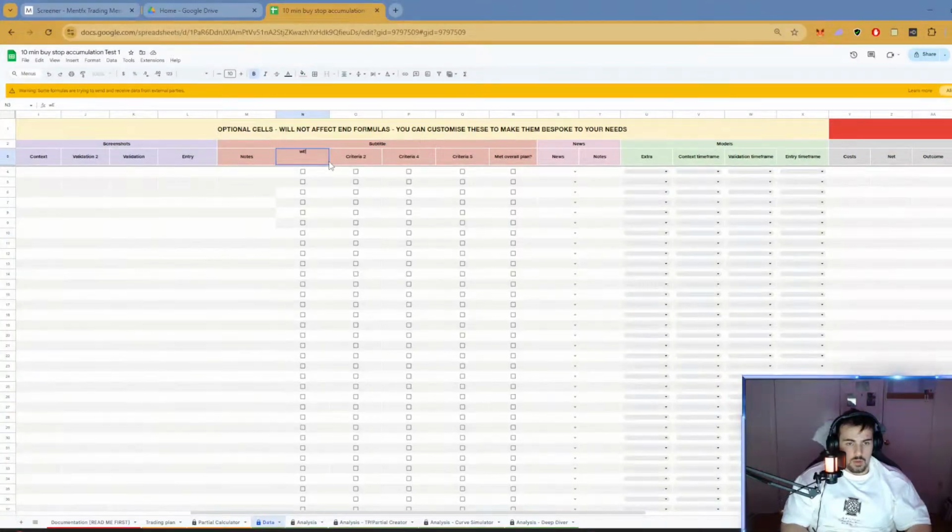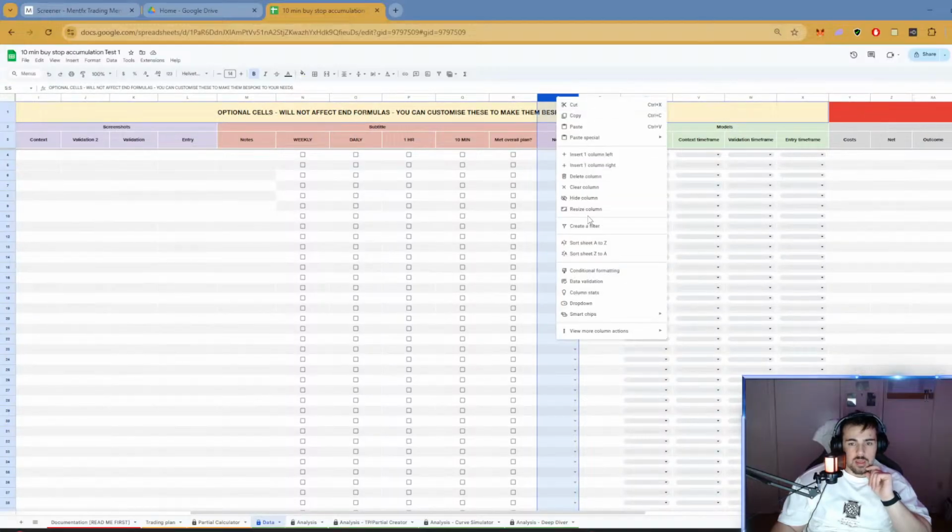So this would be my weekly, my daily, my 1 hour, my 10 minute. And then this would be a check mark box to see if everything met my overall plan. So that's good.